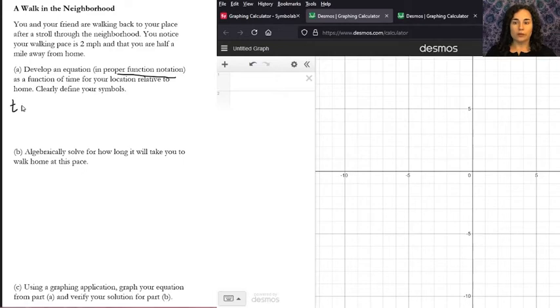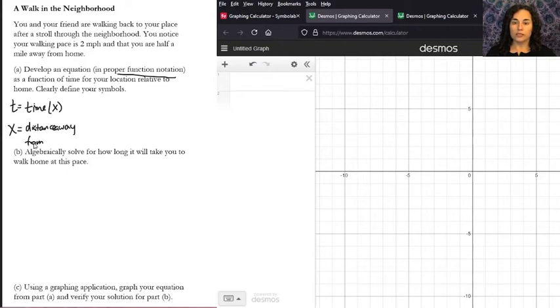So right away, I know I'm going to have a t value, and this is time. And in my equation, this will be sort of like the x value, the input value. And when I put in the input value, what I get is an output value. So a lot of times we will represent this as x as a distance. And so x will be the distance away from home.